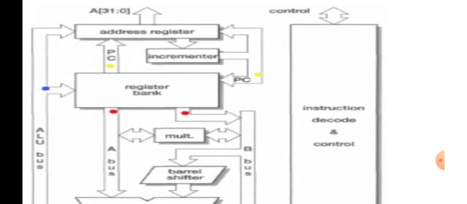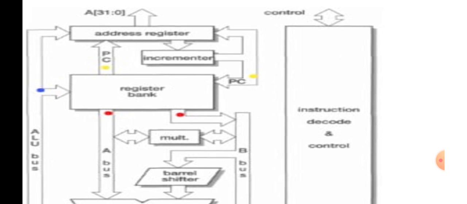And we have the ALU bus, A bus and B bus, and the multiplier, barrel shifter, arithmetic logic unit, and instruction decode and control. When an instruction comes to the ARM, it is first fetched into the address register, then it will be decoded and then executed.